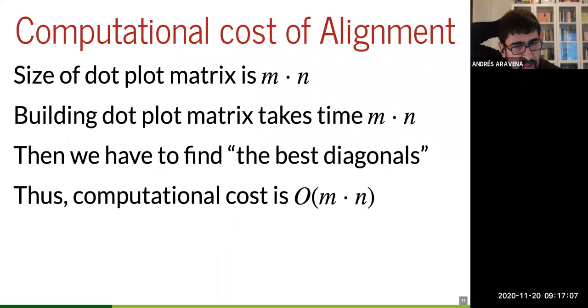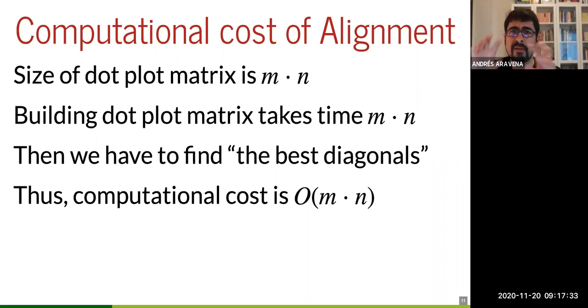So, for example, in our case, for doing an alignment, we need to make the dot plot matrix, okay? We should have one row for every letter in the query and one column for every letter in the database, in the subject. Therefore, you have a matrix, and the memory that you need depends on m times n.